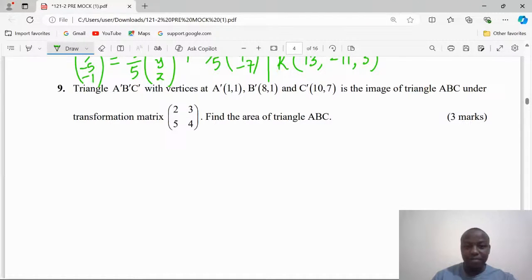which is the image triangle provided. If I'm to sketch this triangle, let me just sketch it first.